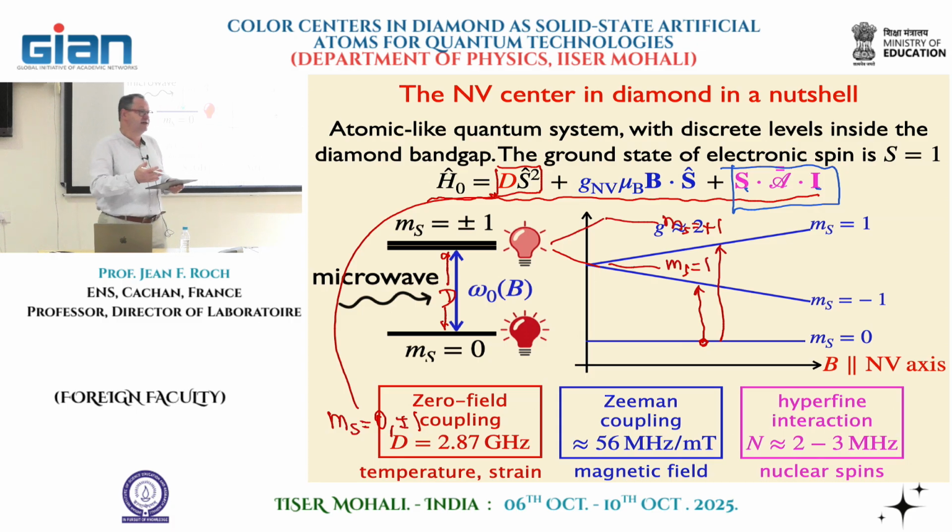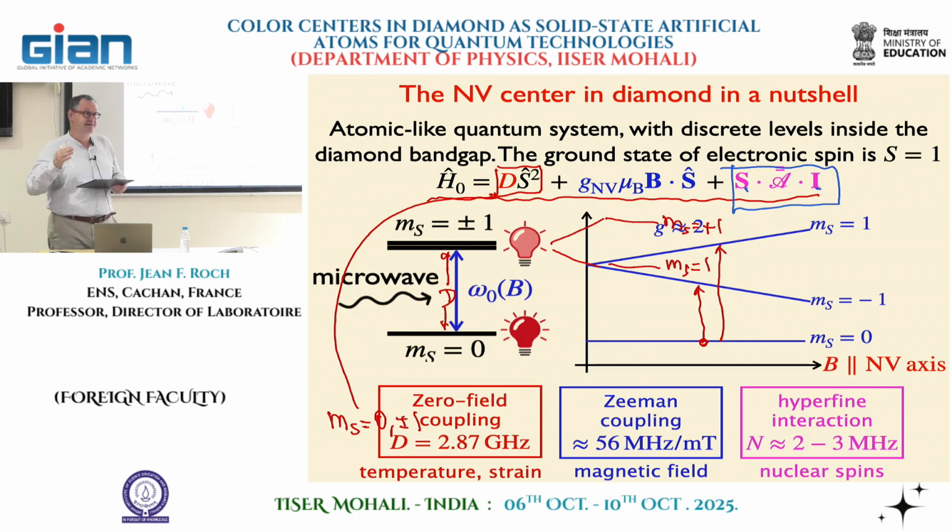We'll try to see how this matters, both as a useful resource and also as a drawback for the system, because it is the interaction with the nuclear spin of carbon-13 that will set the limit of the T2 time that we've seen for the coherence of the spin state.